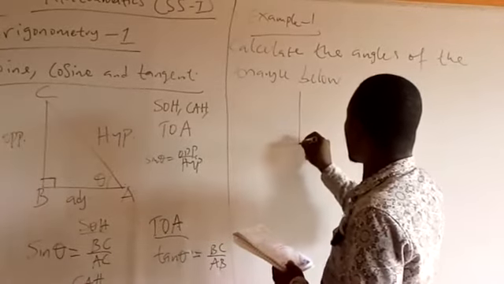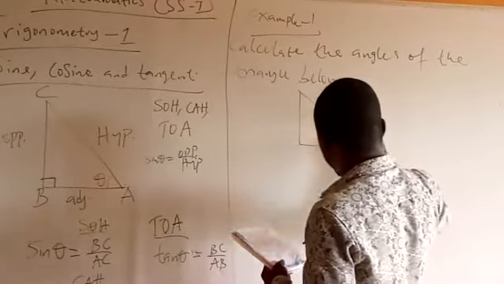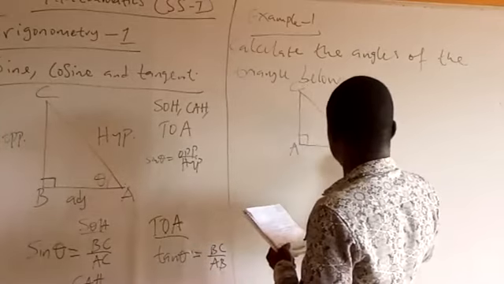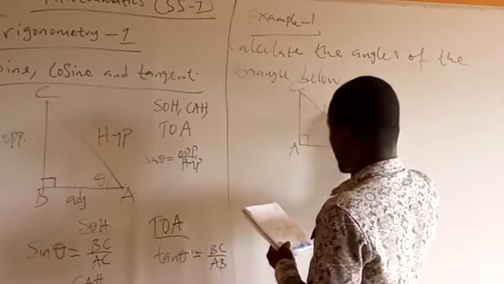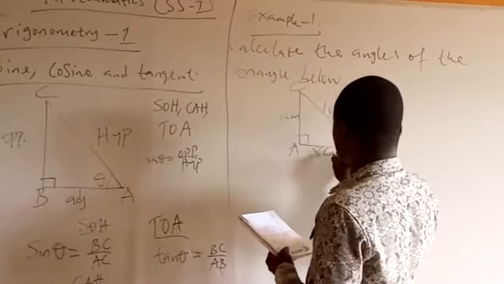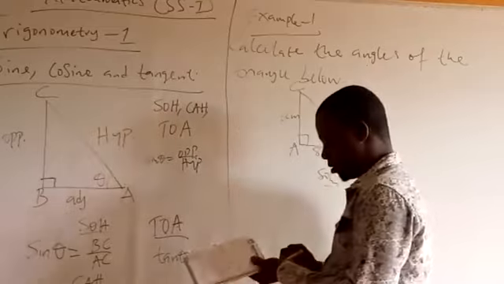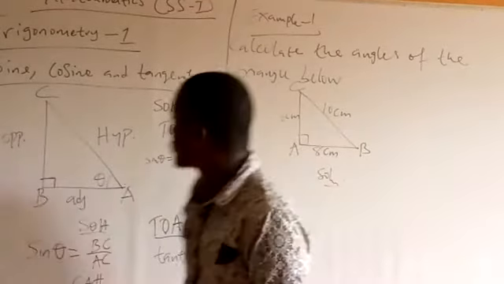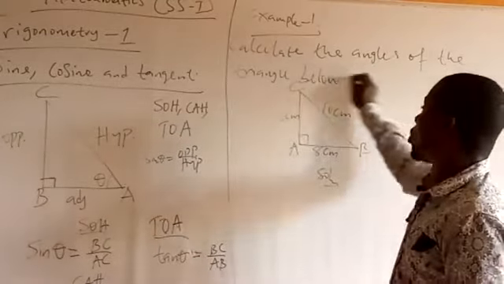So this is the triangle. This side is 6 cm, and here is 8 cm. So this is the question: I have to calculate the angles of the triangle below.